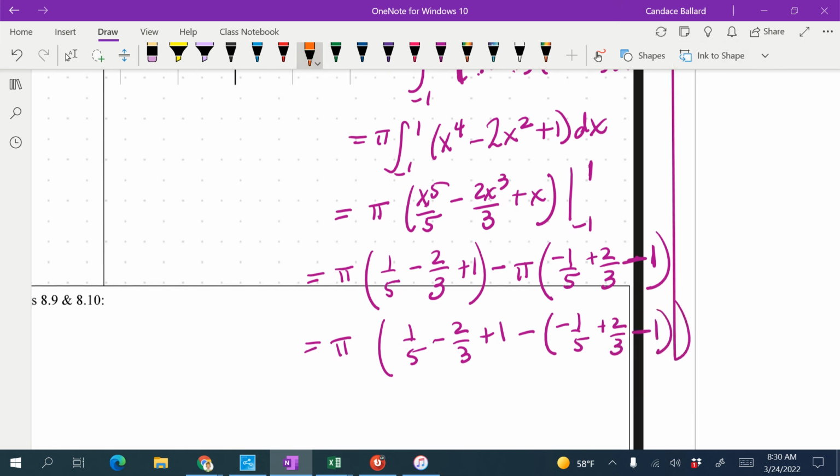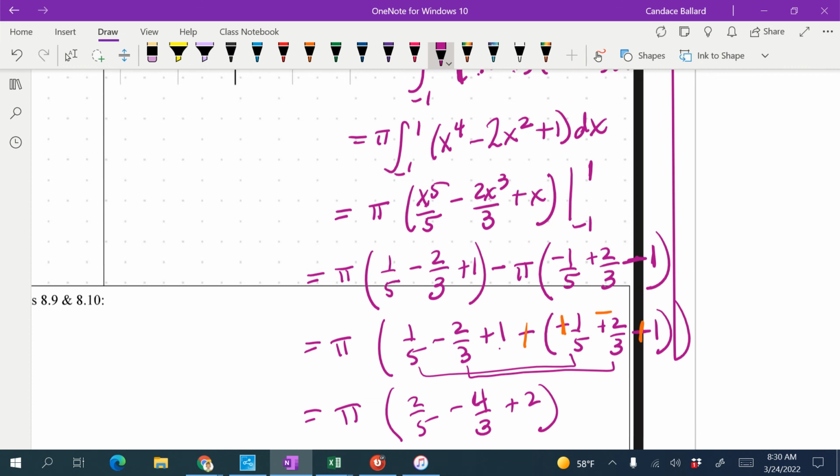I'm going to distribute that negative in, so it's going to go positive, negative, positive. And then let's see if we can use the little trick to make our fractions easier. So I've got pi. 1/5 plus 1/5 would be 2/5. Negative 2/3 and negative 2/3 would be negative 4/3. And then 1 plus 1 would be 2.